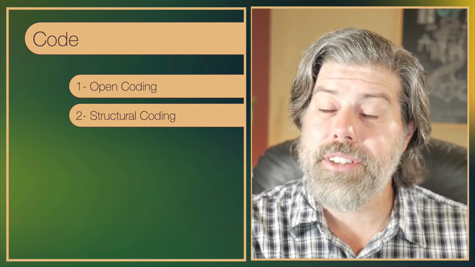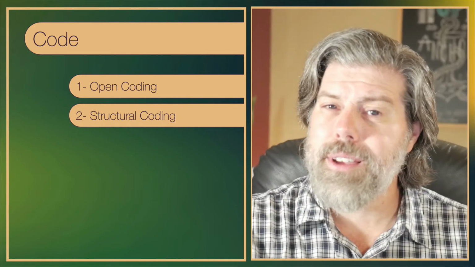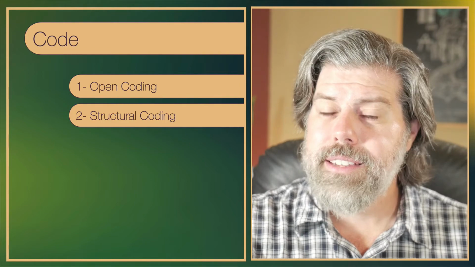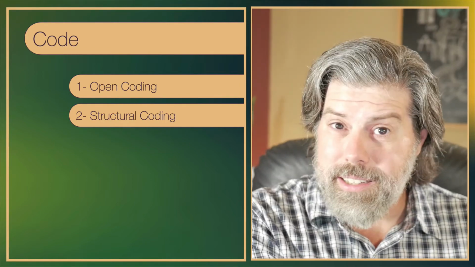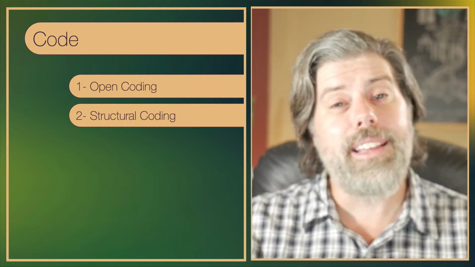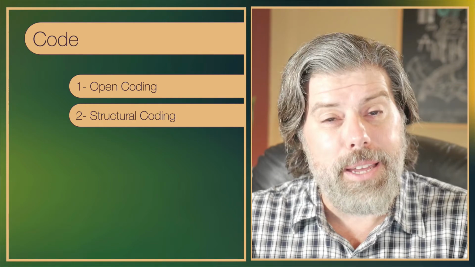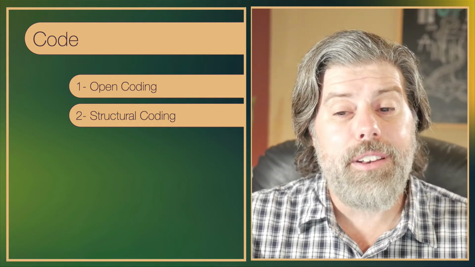Try to make a decision. Okay, was this like the first code, or is something different being said here? And if it's the same, then you code it with that same label that you had before. If you feel like it's a different topic or different issue, then you label it with another code.